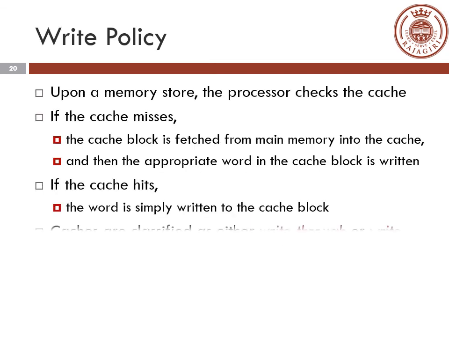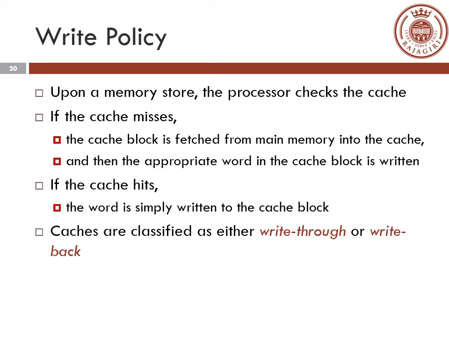And coming to the write policies, which we already saw in part 1. When the processor wants to write something into the memory, first the control circuitry checks the cache.